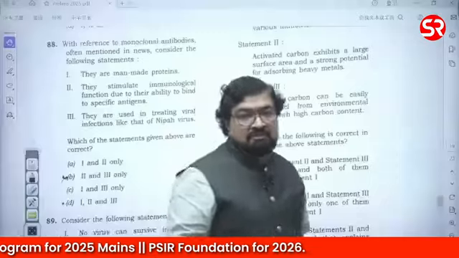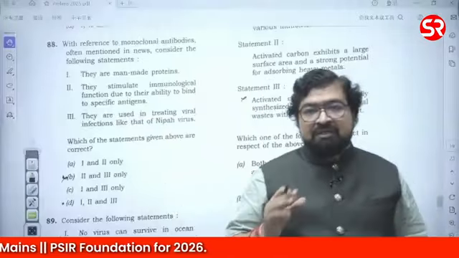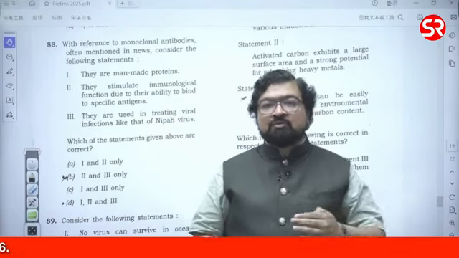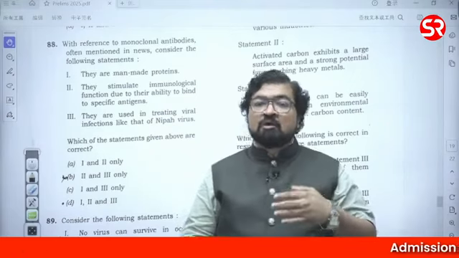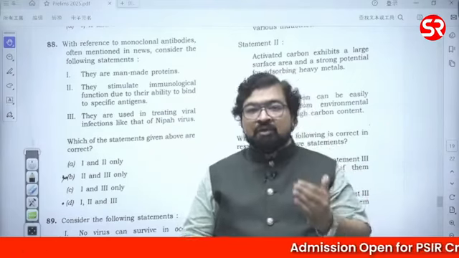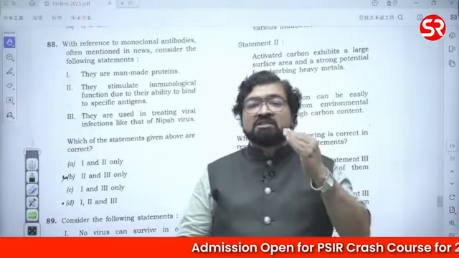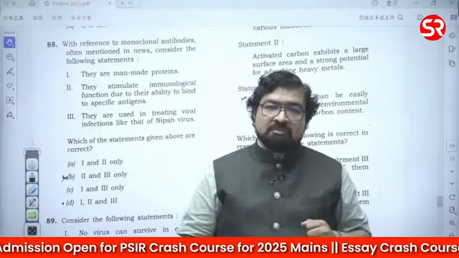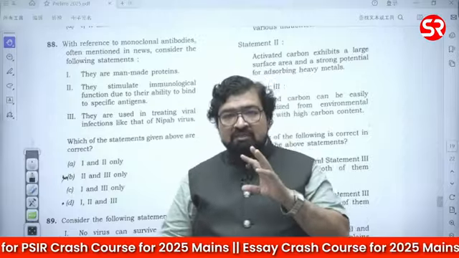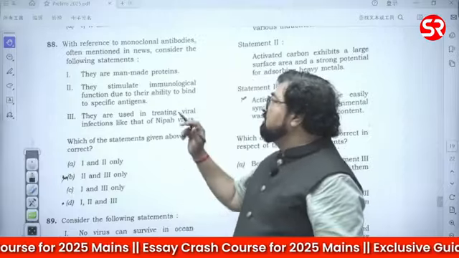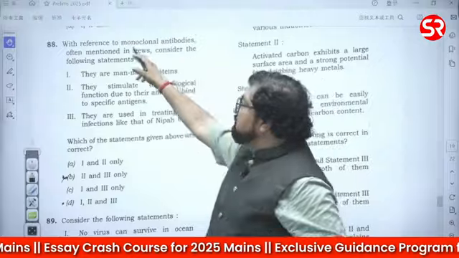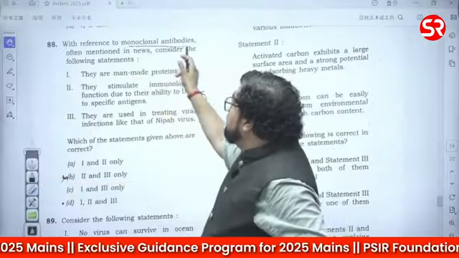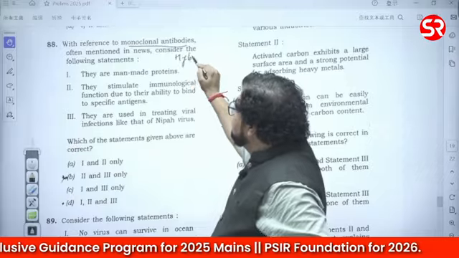Even Nipah virus, I've been telling from day one that with the Nipah virus outbreak in Kerala, we have to request the government of Australia to provide us the monoclonal antibodies specific to target Nipah virus antigens. So this was an expected question. Now look at here, with reference to monoclonal antibodies, you know that these are antibodies which are prepared through a technology called hybridoma technology.